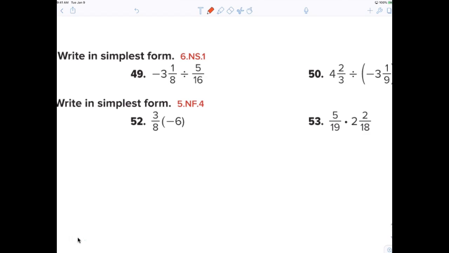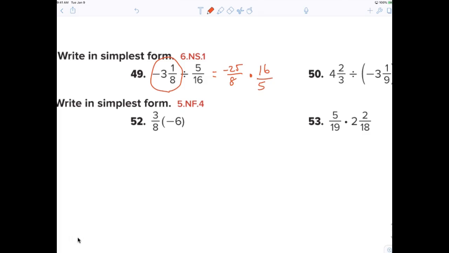You can't plus this. No, because you have to write improper first. So what is this? 25 and 8. Right, negative 25/8. Now, what do I do with the division? Make it a multiplication. And then do what? Flip the 16 to 5.